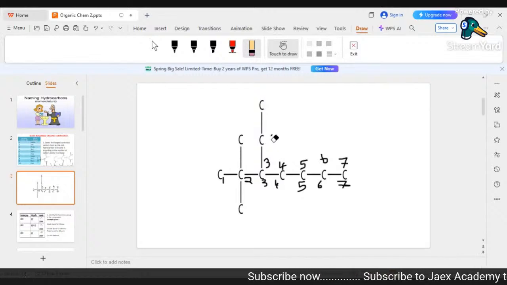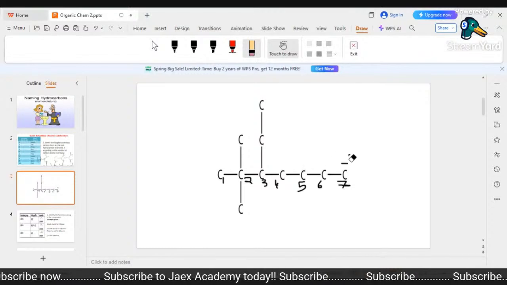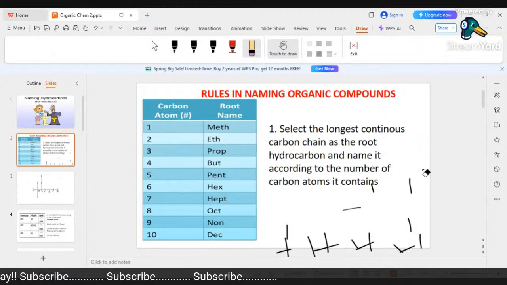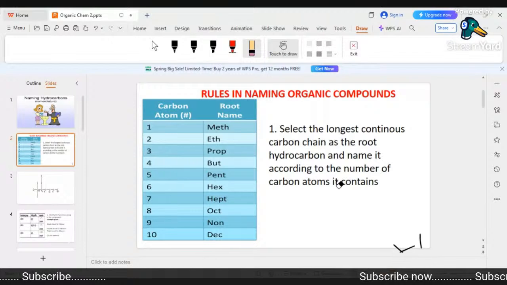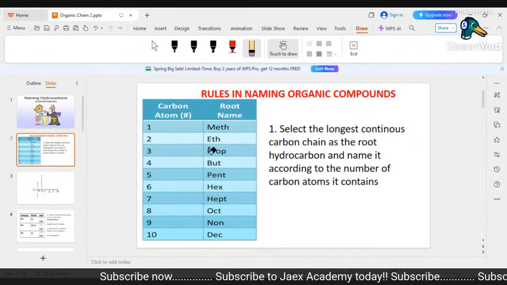Now according to the table, what is 7? This is where I need your response. We counted this to be 7, so according to the table, what is 7?